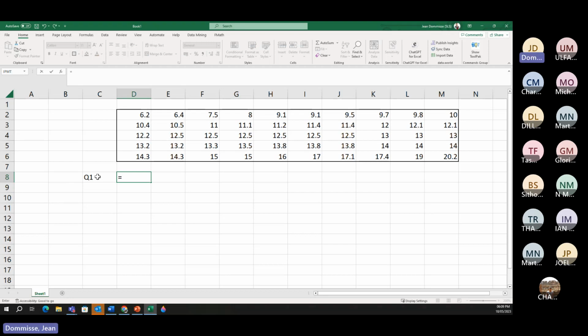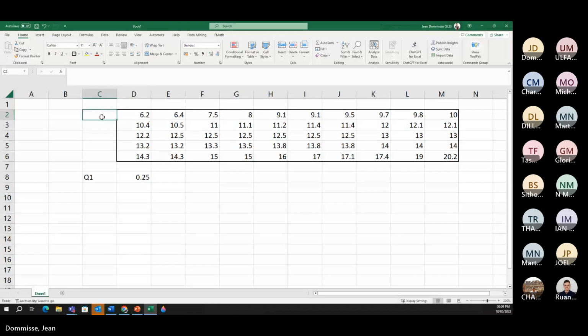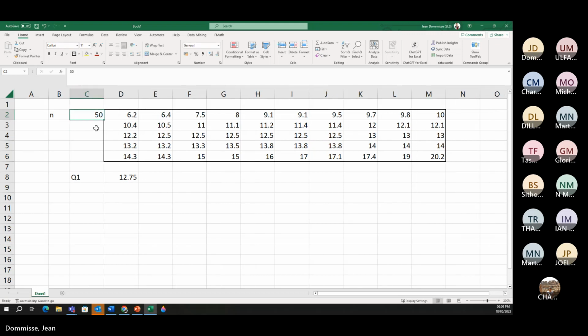But what we can do is put in the formula, divided by 4. That was my n. So whenever you now have a different count, it will be reflective of what is in there.